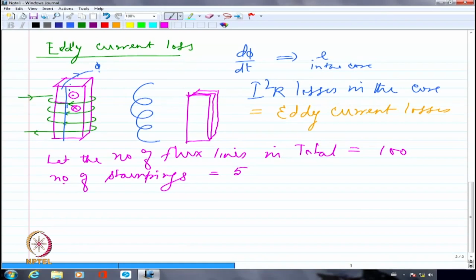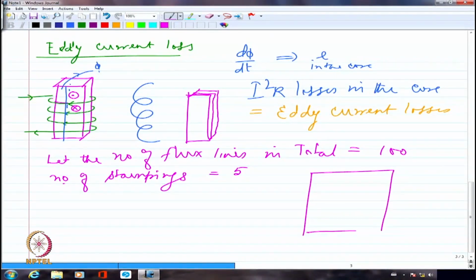See, you want to have the flux lines intact. So if the flux lines have to be intact, if I say that the overall core is somewhat like this, I want maybe these 20 flux lines which are flowing, they will all flow through this like this. I want to have the flux lines intact. I don't want to interrupt them. Whereas I want to interrupt fundamentally only the current. Got it?